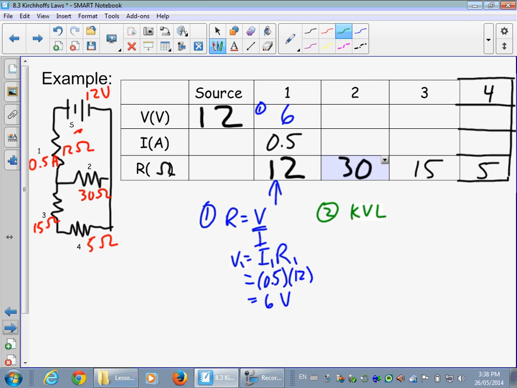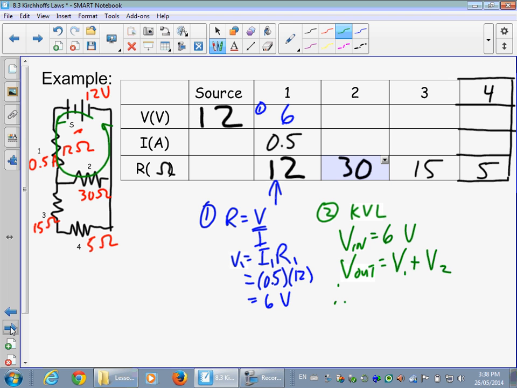Now, Kirchhoff's voltage law says any one loop has the same voltage out as the voltage in. Well, the voltage in is the 12 volts in the battery. So if we look at this loop right here, we gain 12 volts. We know based on our last calculation that we lose 6, and then we're going to start coming back. Voltage out is the voltage through 1 plus the voltage through 2.